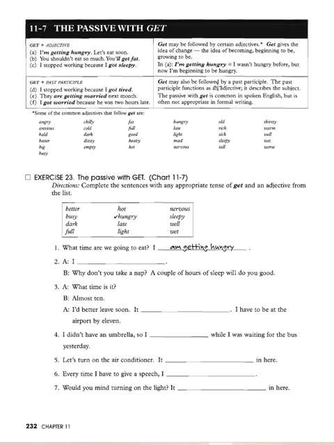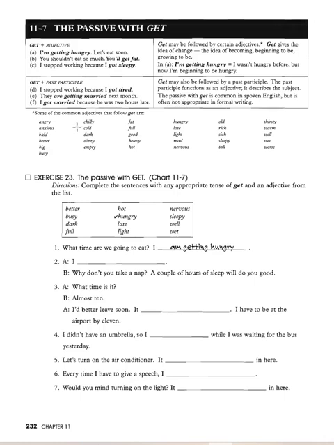Get may also be followed by a past participle. The past participle functions as an adjective. It describes the subject. The passive with get is common in spoken English, but is often not appropriate in formal writing.